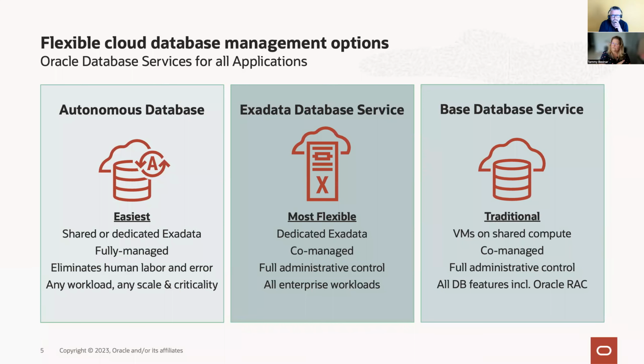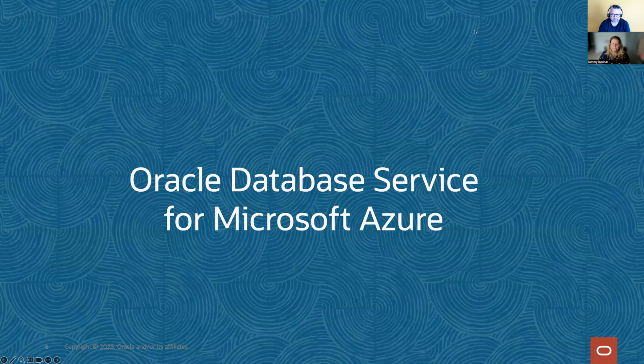So again, you have full administrative control within the base database service, and all database features are included, including Oracle RAC on all of these services as well. So that gives you an idea of the architecture and our database services that are available.